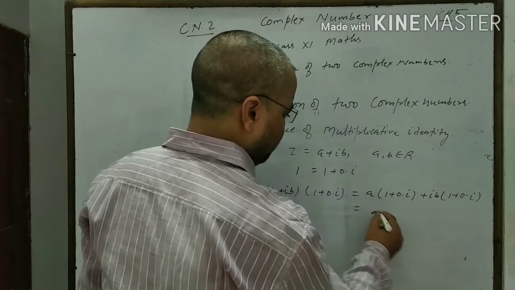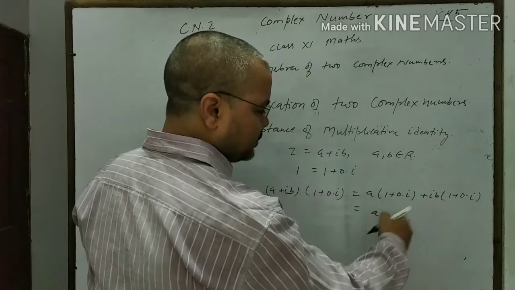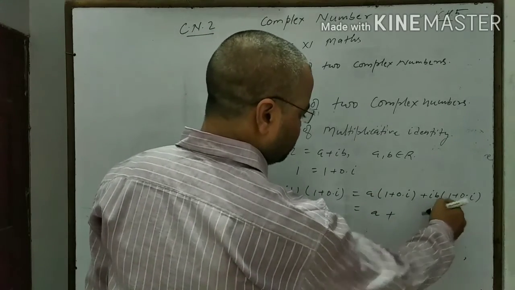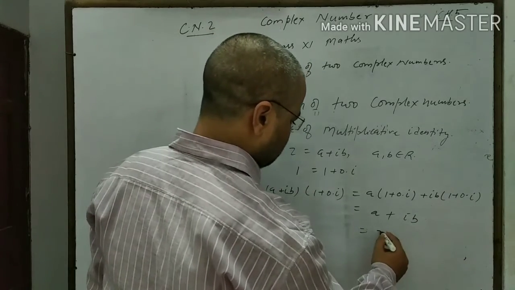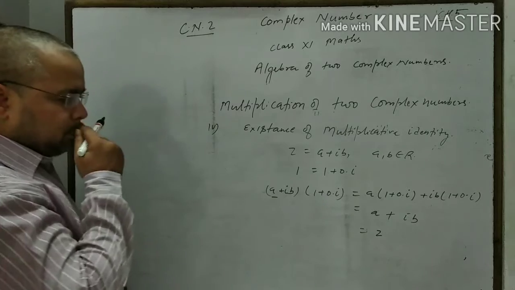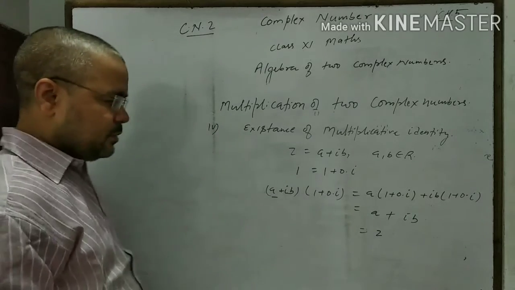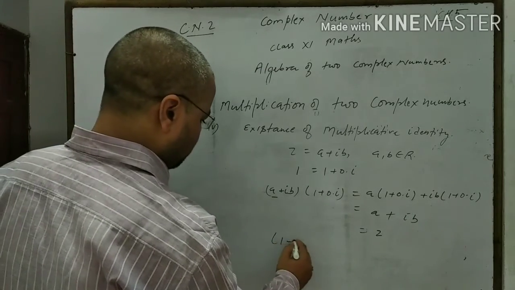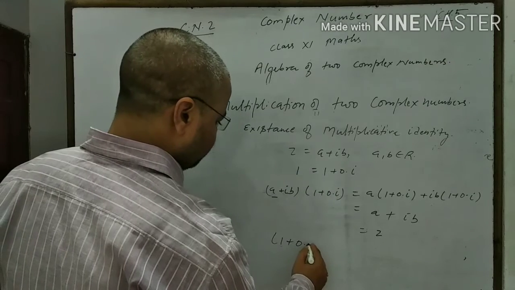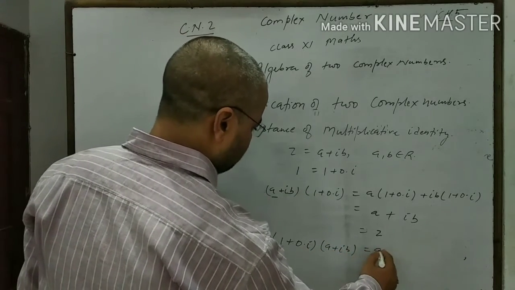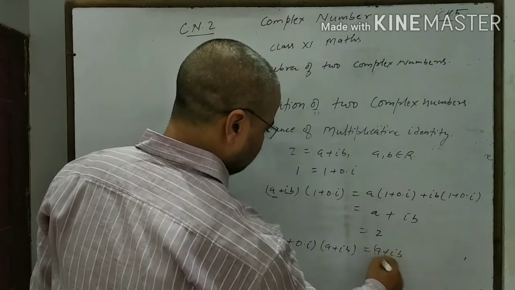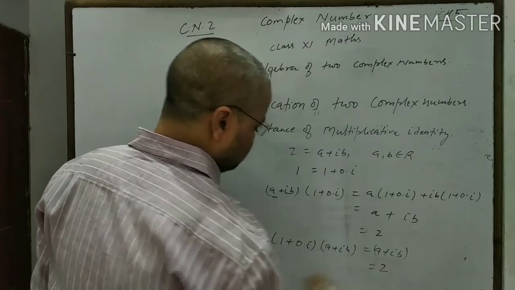Here it will be a, and here it gives 0. Similarly, ib into 1 will be ib, and the rest is 0, which is equal to z. Similarly, we can prove that (1 plus 0i) into (a plus ib) is equal to a plus ib, which is equal to z.